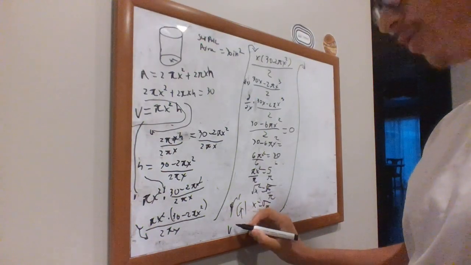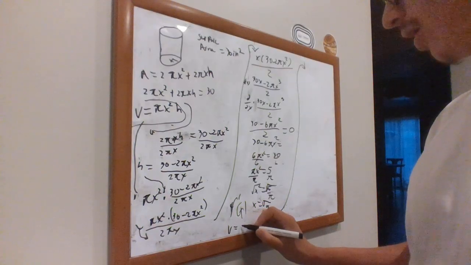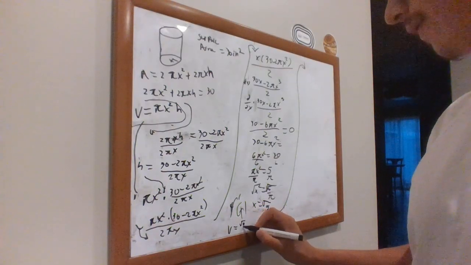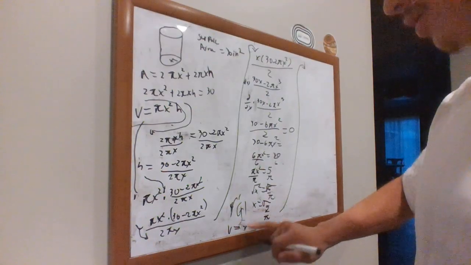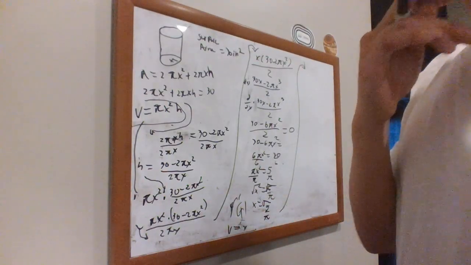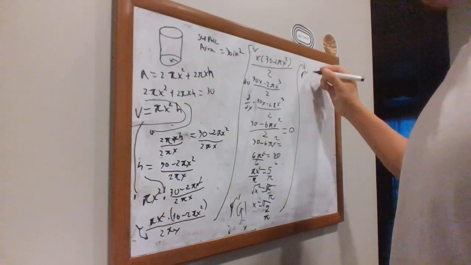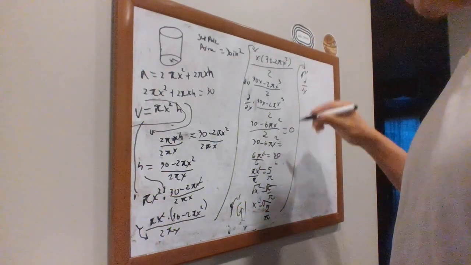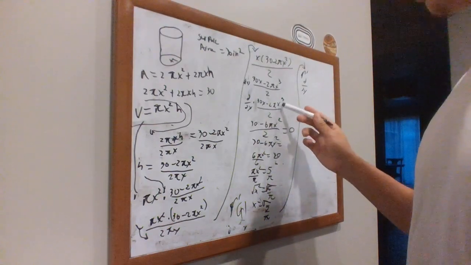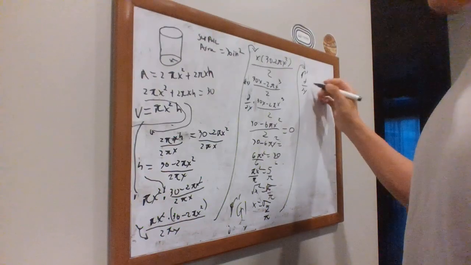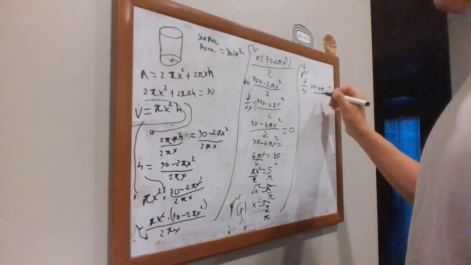I should write this out a little more clearly. So let's derive that again: dV/dx is 30 minus 6 pi x squared, divided by 2.